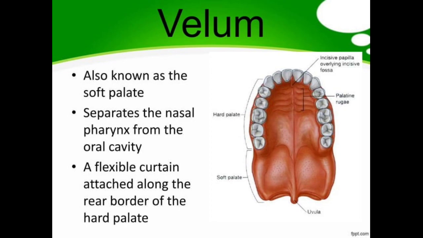Nasal sounds, such as ma, na, or nga, are produced by lowering the velum and allowing air to flow through the nose. Velar sounds, such as K, G, or J, are produced by raising the velum and touching the back of the tongue to the roof of the mouth. It affects the quality and resonance of vowels by changing the shape and size of the oral cavity.